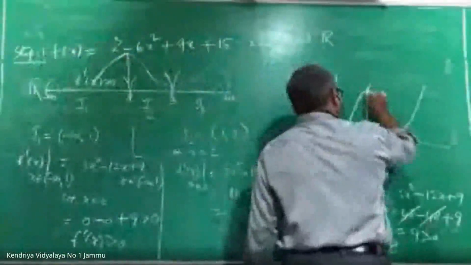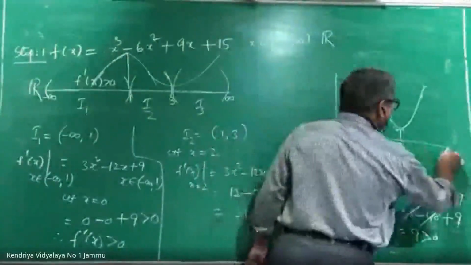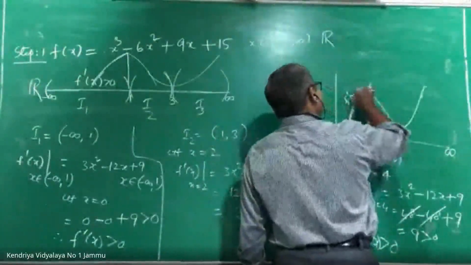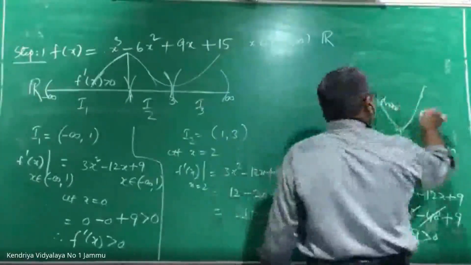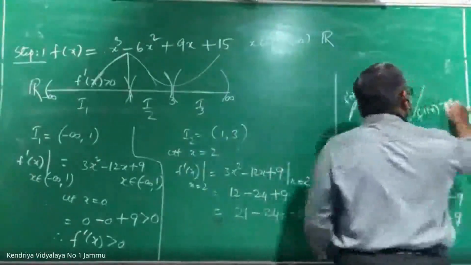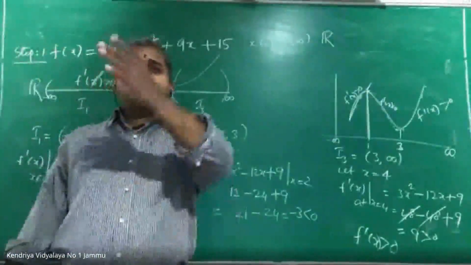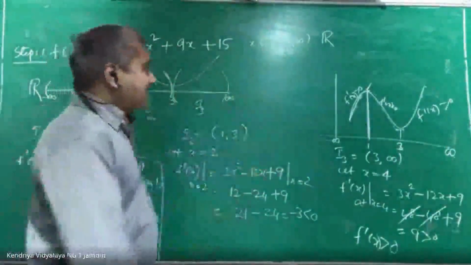In the first interval, from minus infinity to 1, f dash x is greater than 0, in the next interval f dash x is less than 0, and again f dash x is greater than 0. I already told you, increasing and decreasing always come on an alternate basis.